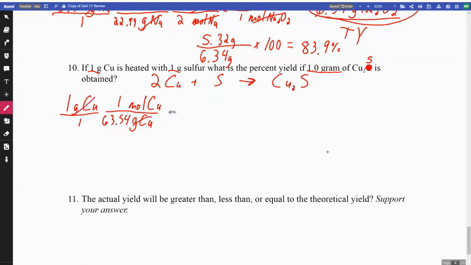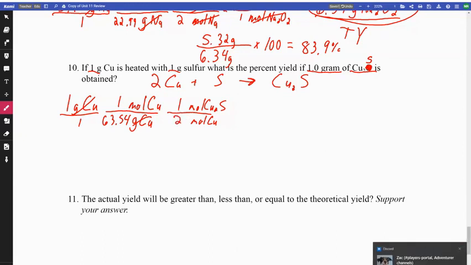That cancels out. Moles Cu, we are converting to grams of Cu2S. So that is going to be moles of Cu2S. And that's going to be a 1 and a 1 because that's the coefficients. Oh, no, I'm sorry. Should be a 2 for Cu.